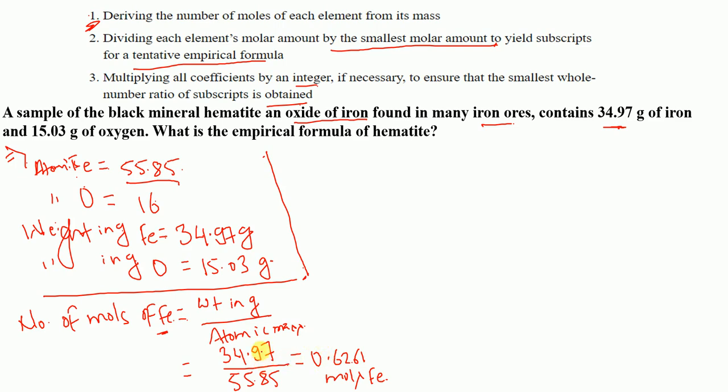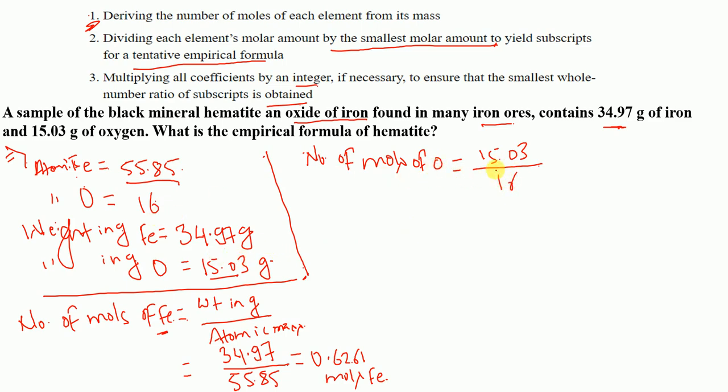So now we have determined the number of moles of iron. Then we have to determine the number of moles of oxygen. Similarly, the weight in gram of oxygen that has been given is 15.03, so we will write 15.03, and this will be divided by the atomic weight of oxygen, which is 16.